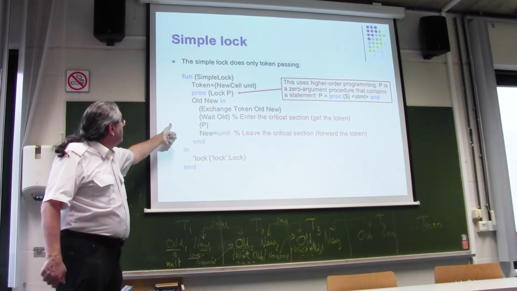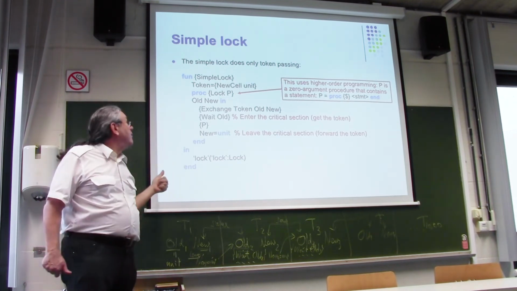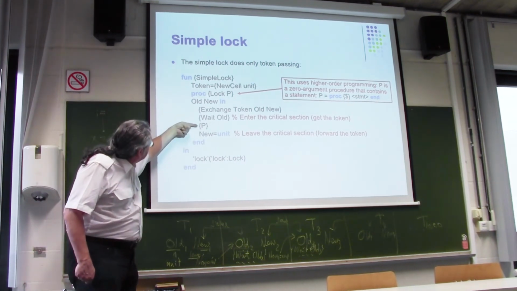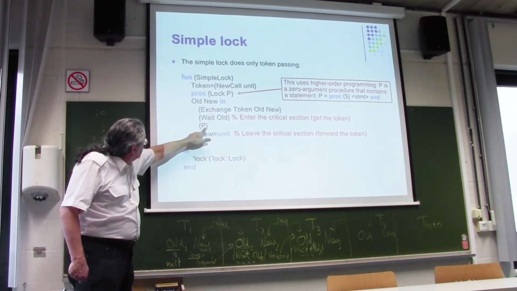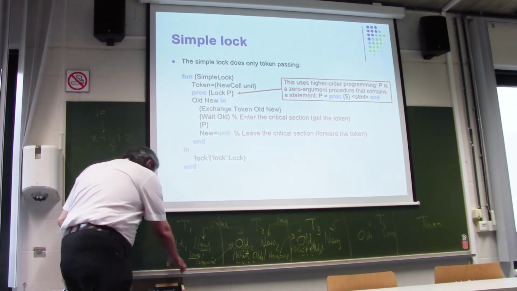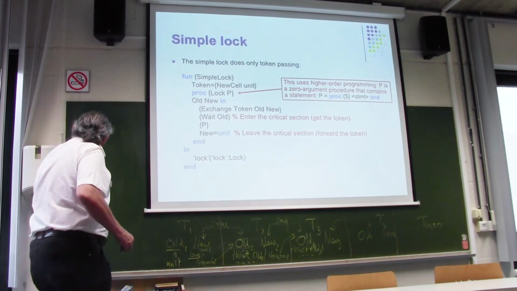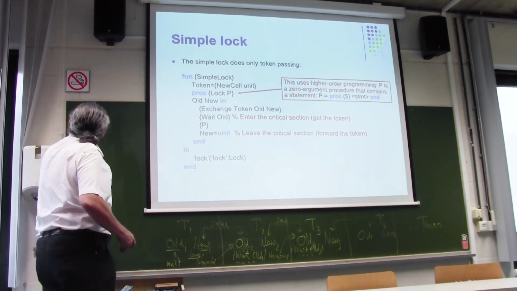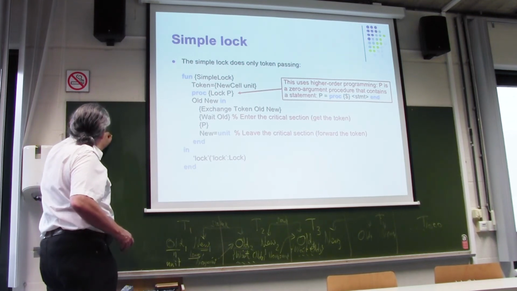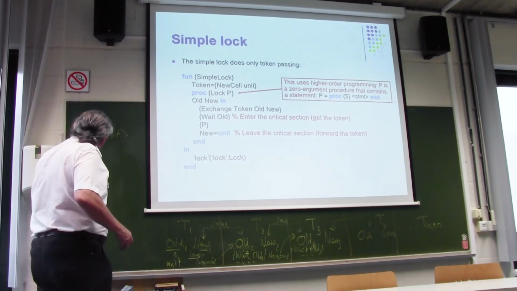So this one is not reentrant. If inside of P you have another call of lock, so let me make a diagram here. The P can be any statement here, and it can be anything.